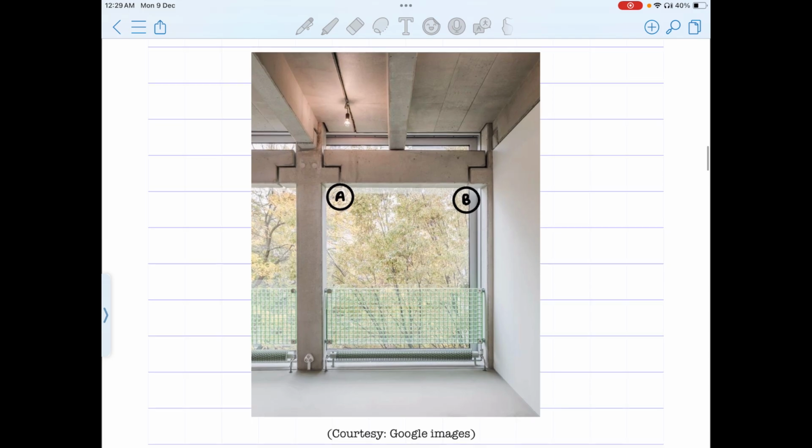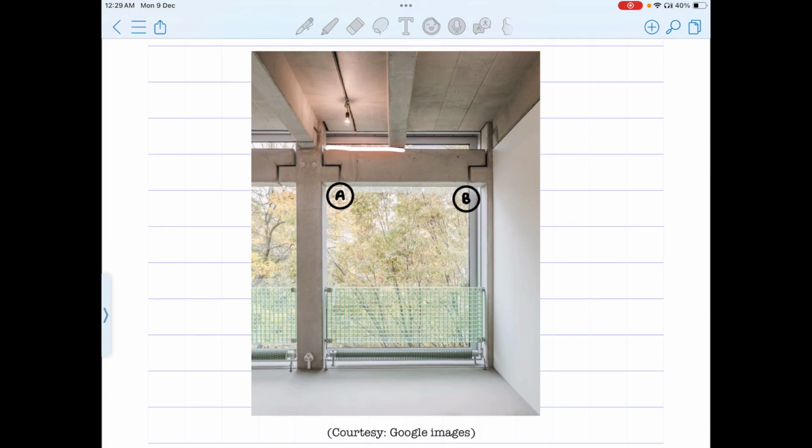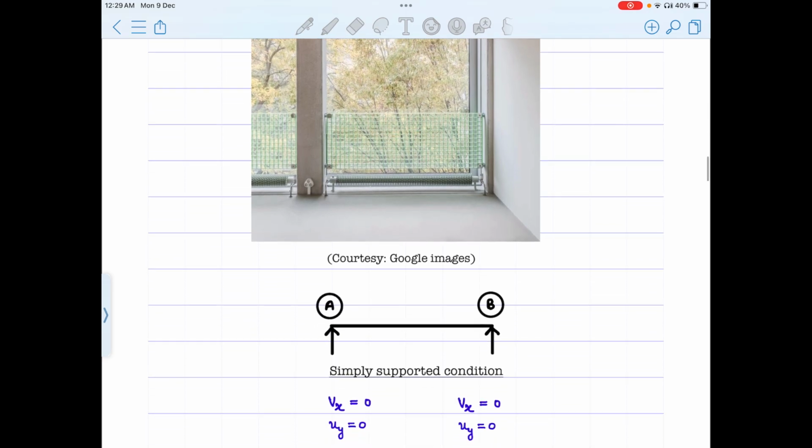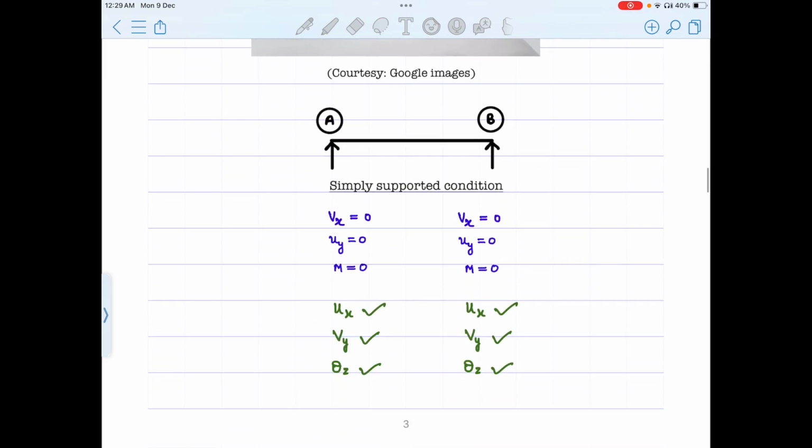And in this picture, we see that this beam rests on the columns, okay, in the fashion that we see here, right? So what is the way in which this idealization could be possible? The idealization is done as simply supported. Why?